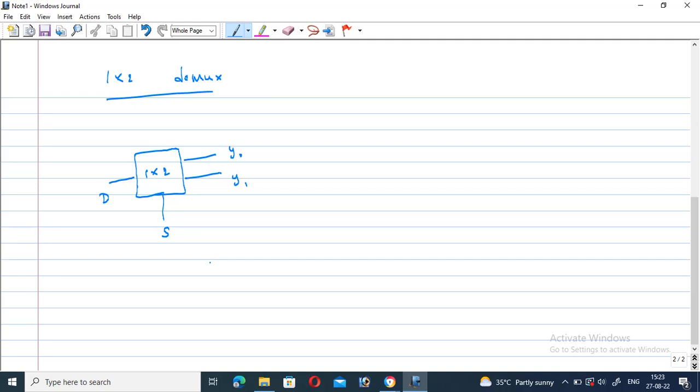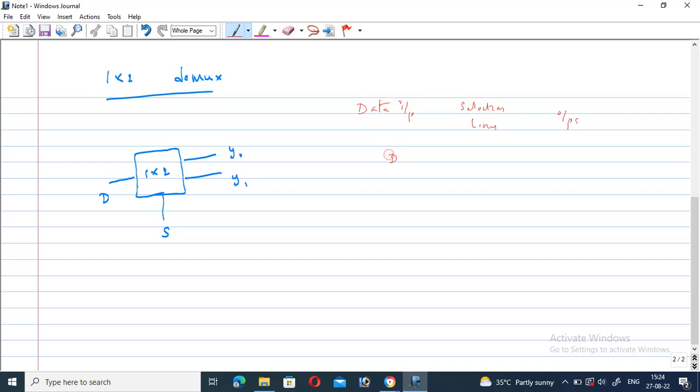If you write the truth table for this, we have data input, selection lines, and outputs.